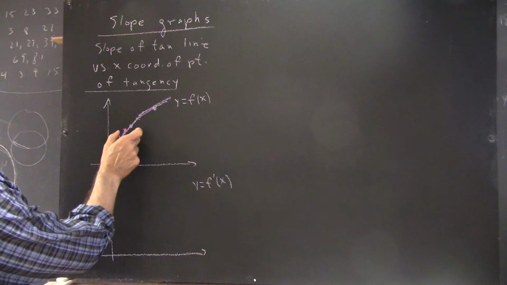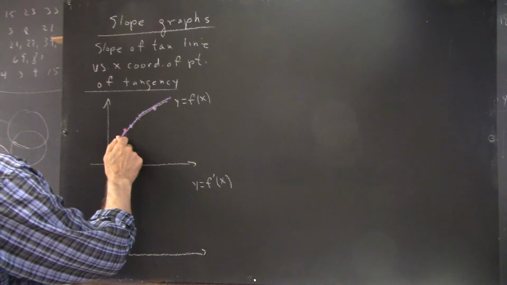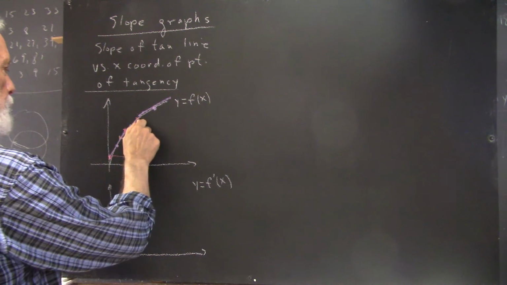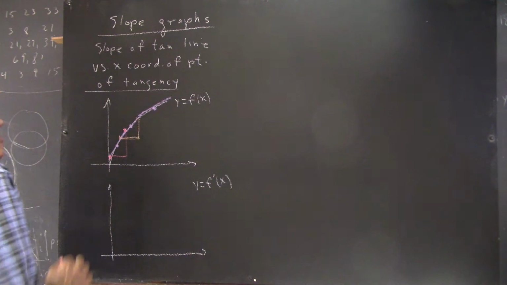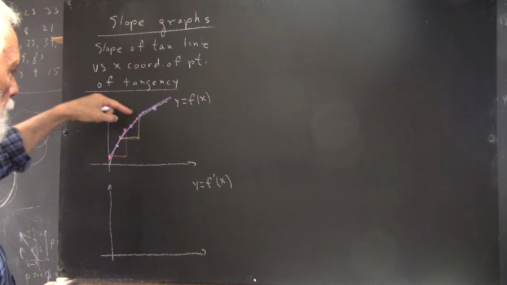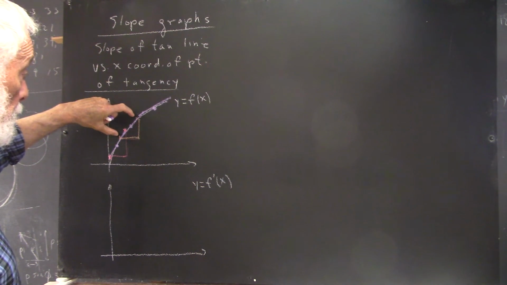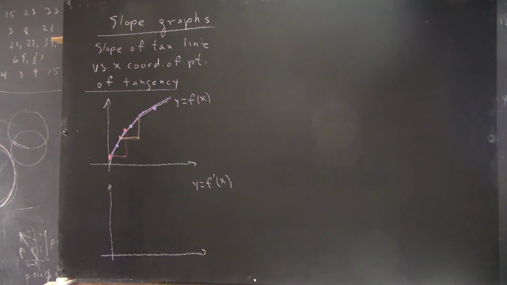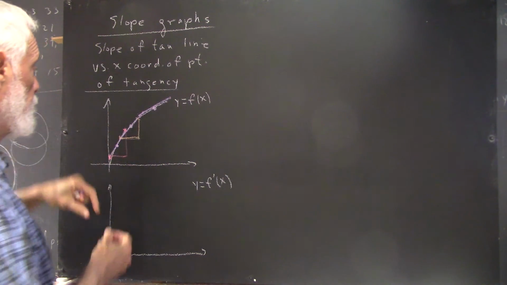I want to use points such that the run of the triangle I get between the 2 points is always the same.